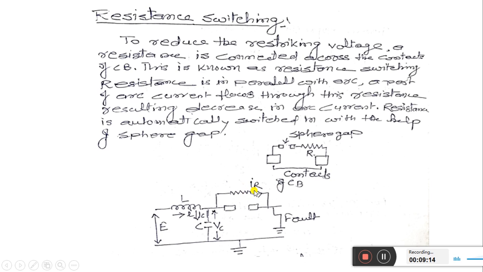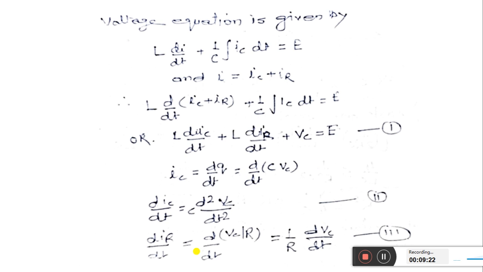So we can write IR equals Vc by R. We have differentiated this IR with respect to time t, so dIR/dt equals d/dt (Vc/R), or further 1/R dVc/dt. This is the equation third.